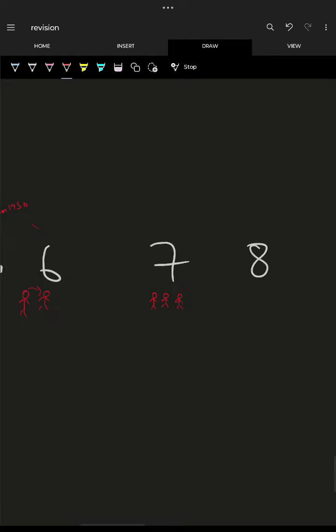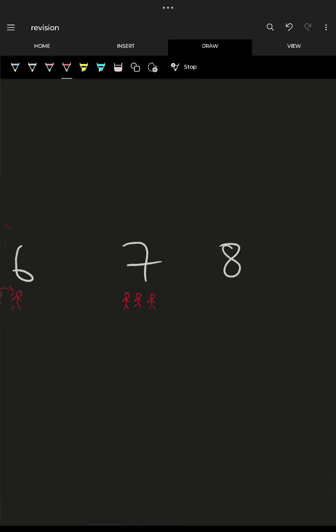Then there is a date, 14 August of 1947.